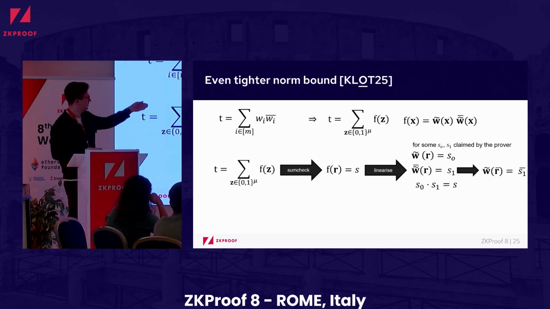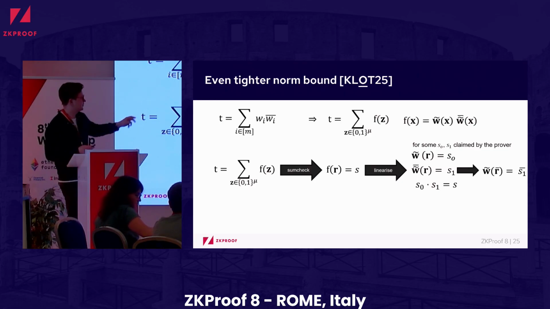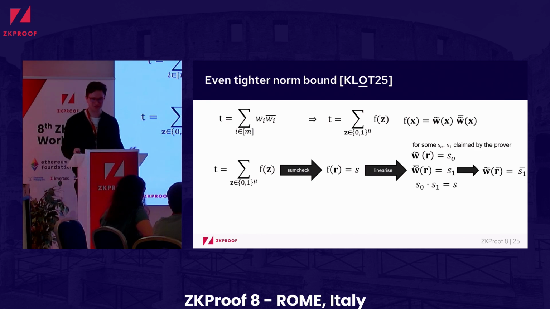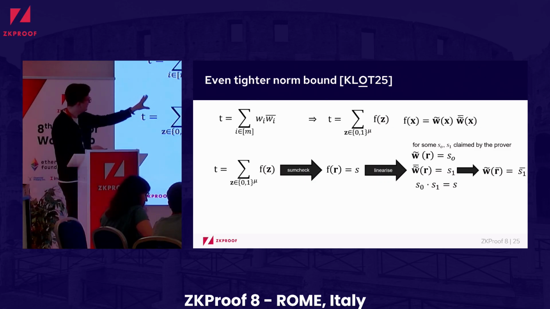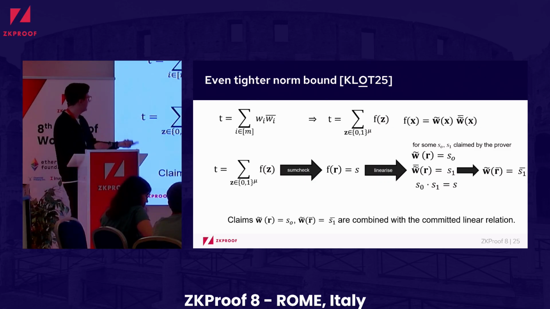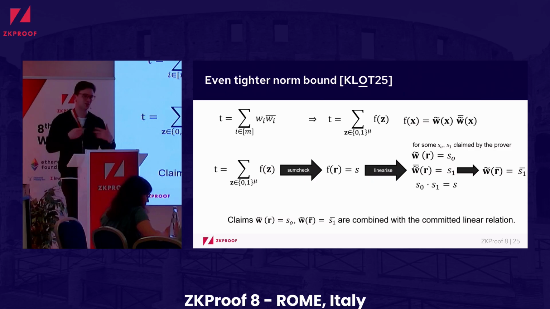Now we have just some more things to prove. We have to prove the evaluation over the witness and the conjugation of the witness, where we can simply swap the latter into the evaluation over conjugated points of the witness. It doesn't matter; the verifier can do it, the prover can do it. So now we simply have one more claim to be proved.